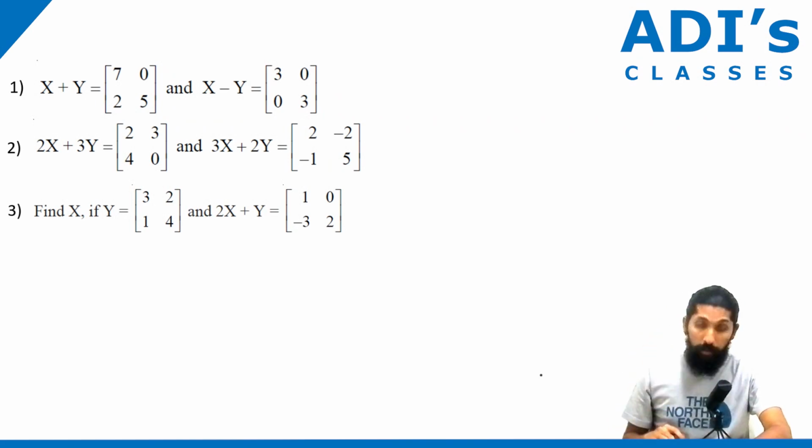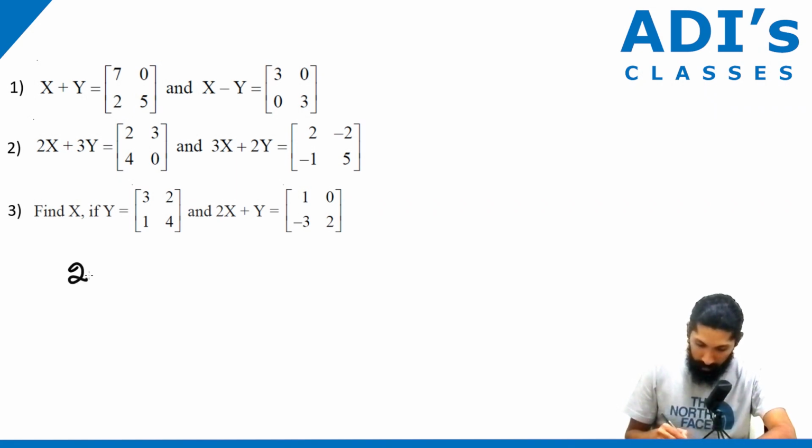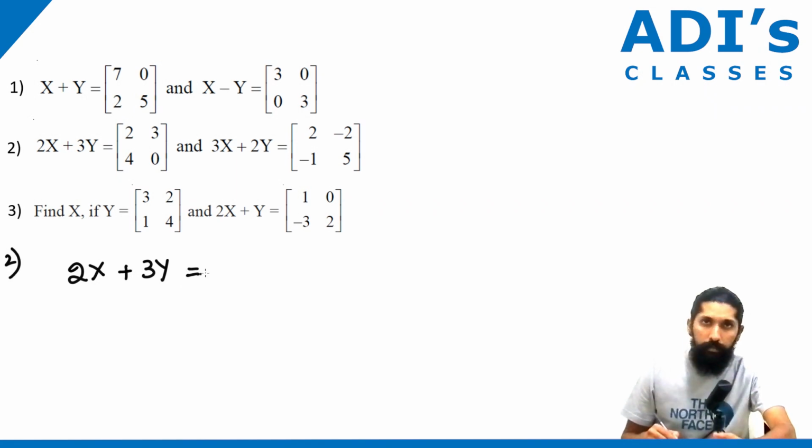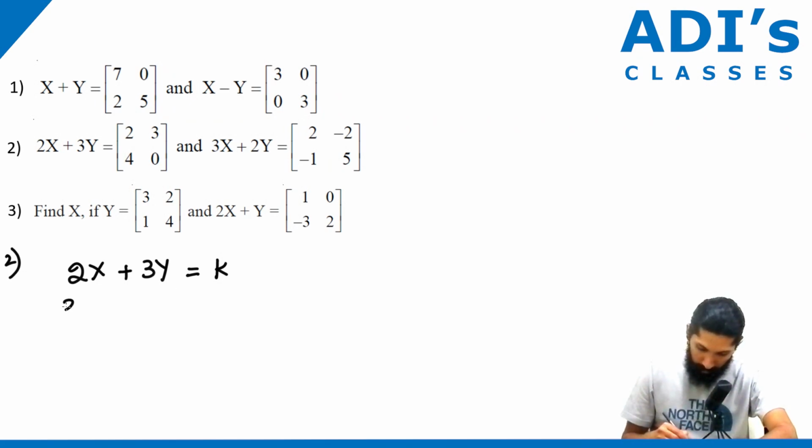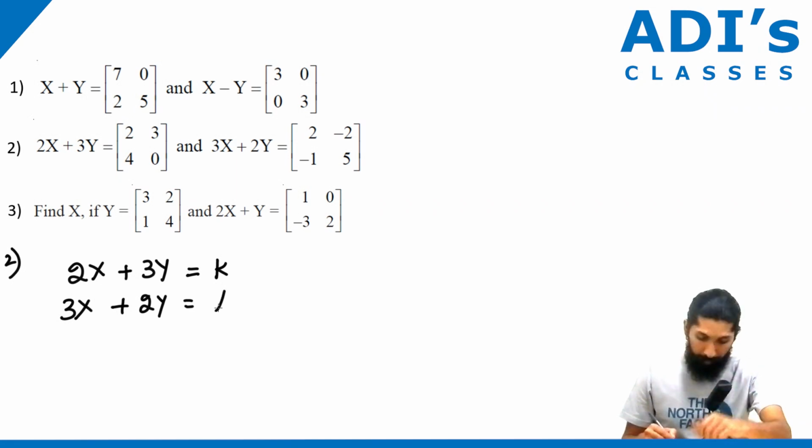One way: I'll call 2x plus 3y equal to some variable, let's say K. K is the first matrix. 3x plus 2y is equal to, say, L. L is the second matrix.